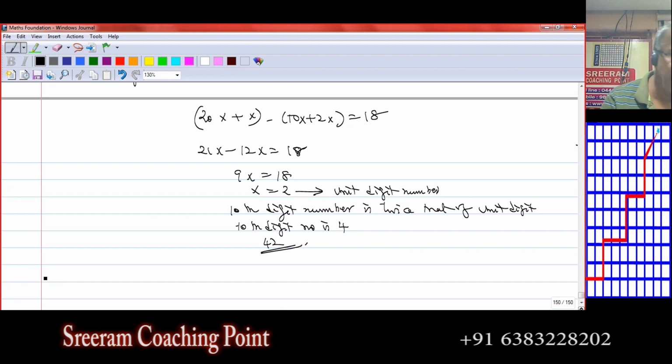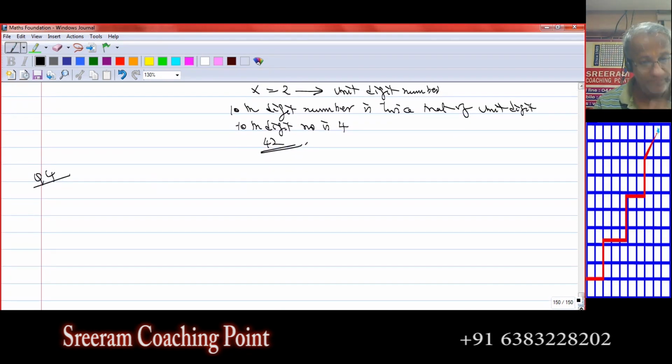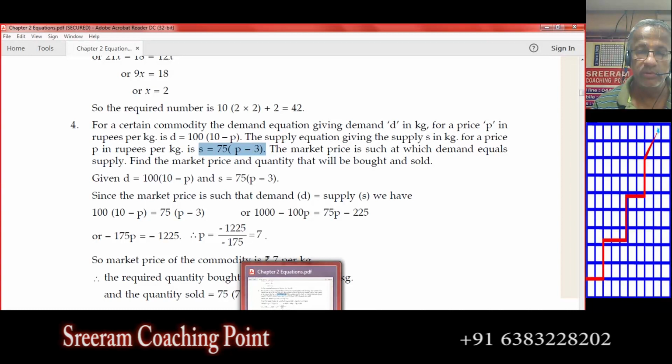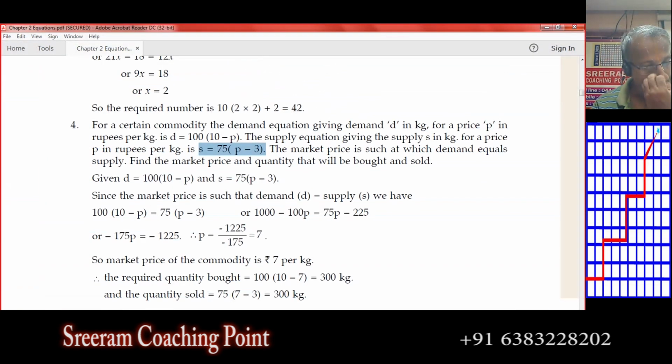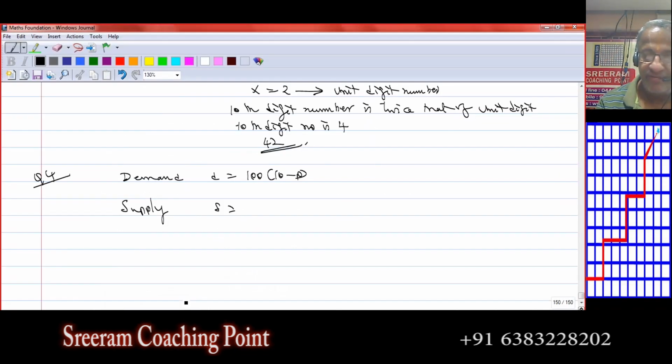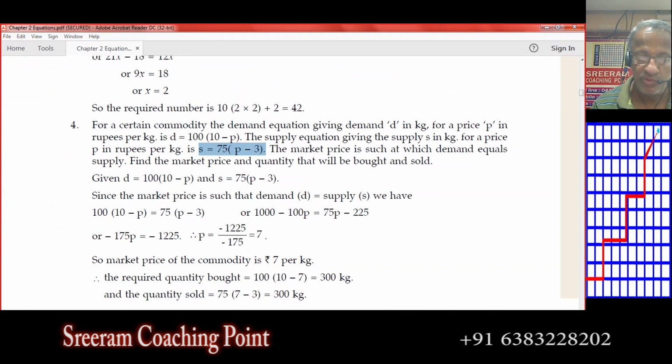This is question number 4. Demand D is equal to 100 into 10 minus P. Supply S equal to 75 into P minus 3.